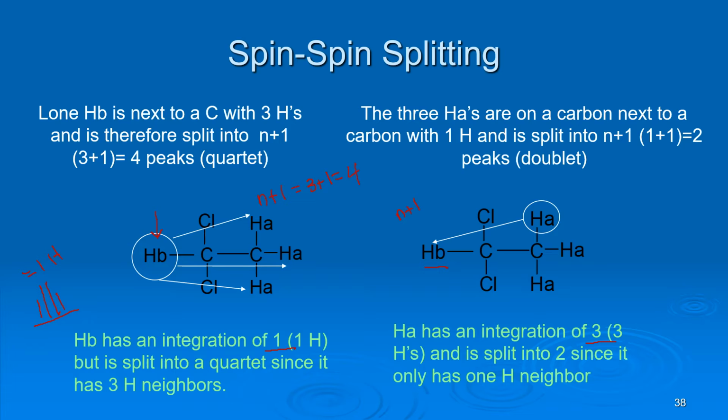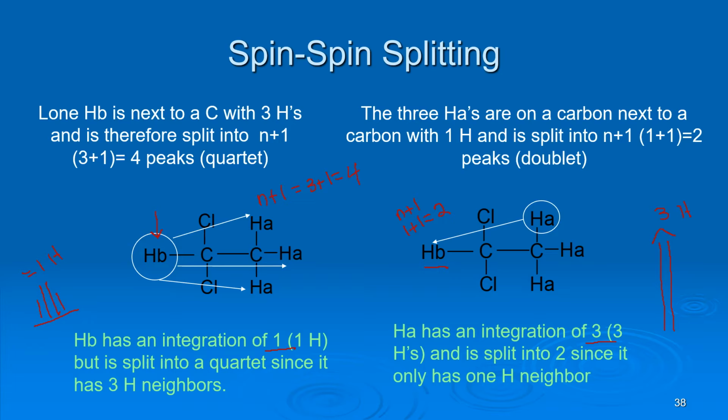In this case, N is just 1, so it's going to be split into 2. That's what we saw two slides away, we call it a doublet. So it has an integration of 3 because there's 3 hydrogens, so the area under the curve is equal to 3, but it's split into 2.